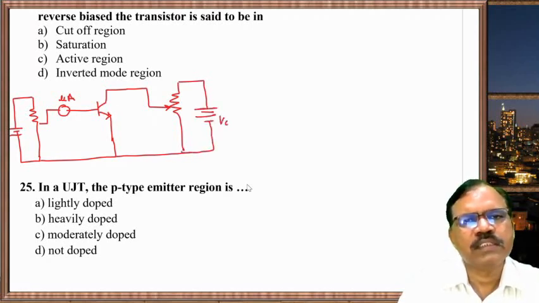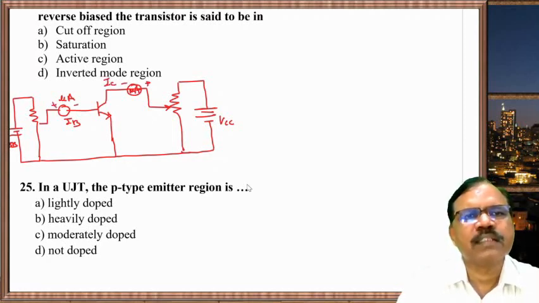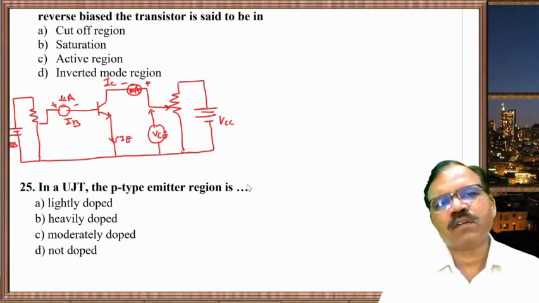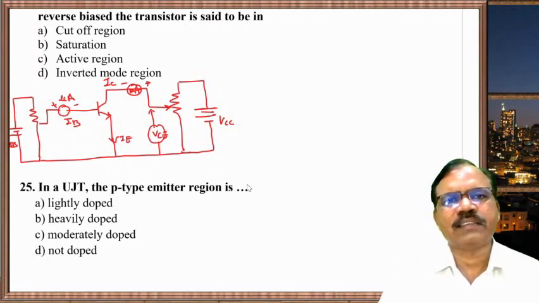This is VCC, we can call this VBB, here it is IB, here we get a milliammeter for IC, here we get IE, and here we take VCE. This is the transistor characteristic circuit.